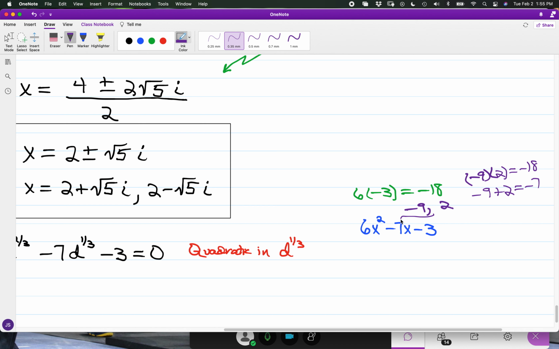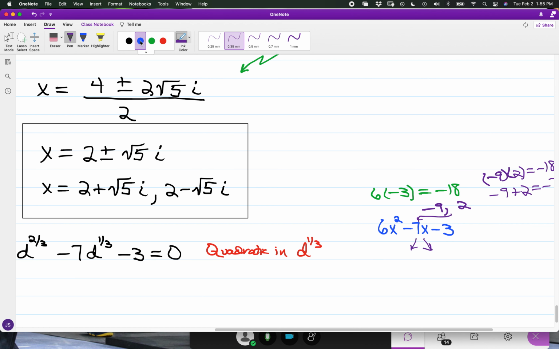So I'm going to take what I have here and branch out. We have 6x squared minus 9x plus 2x minus 3.